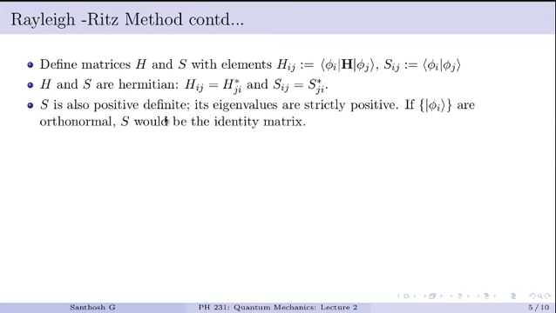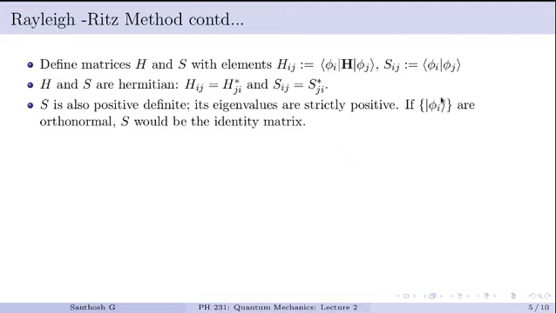Not only that, we can also see that the matrix S is a positive definite matrix, which means all of its eigenvalues are strictly positive. None of them is 0 or negative. Obviously, this matrix S is also invertible.